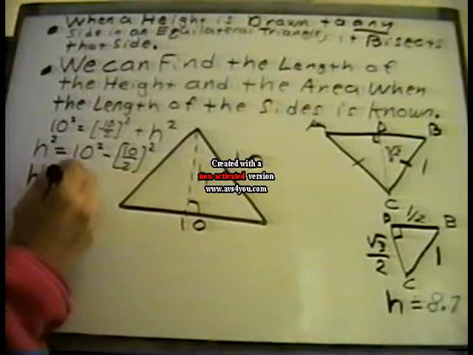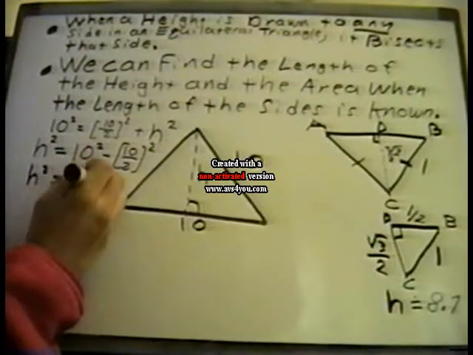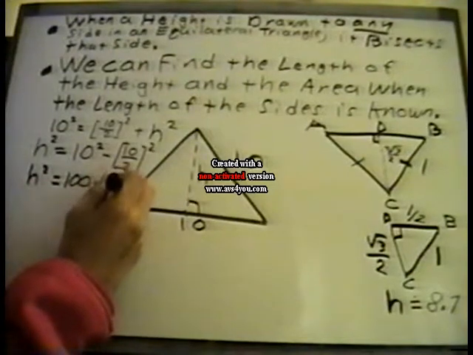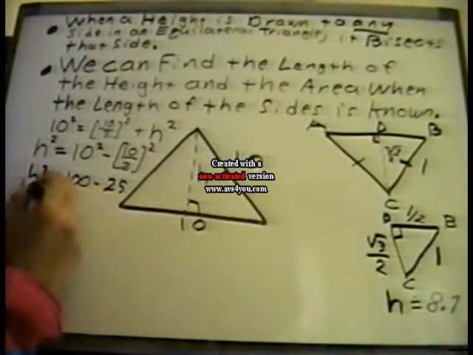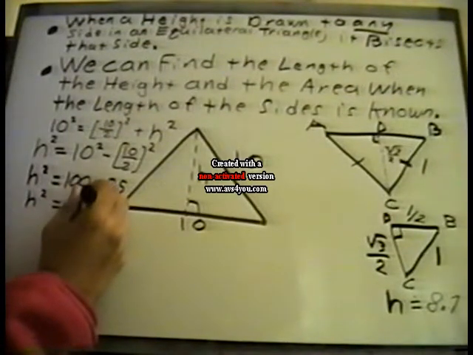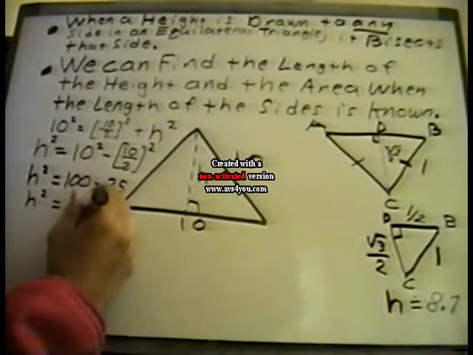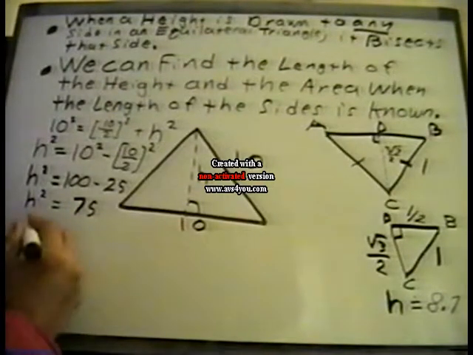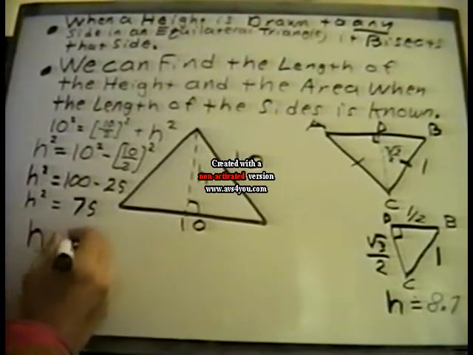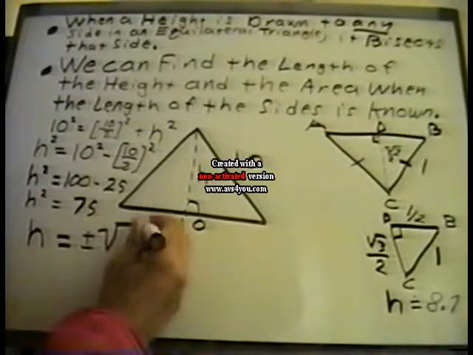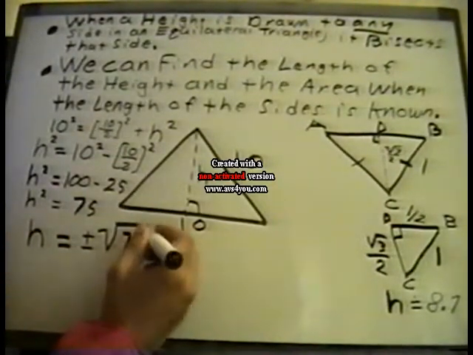So we get h squared is equal to 100 minus 25, or h squared is equal to 75. Now we apply the square root principle. So you get h is equal to the positive or negative square root of 75.